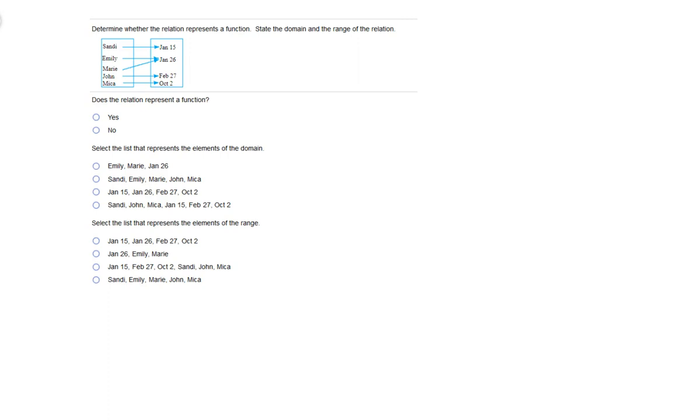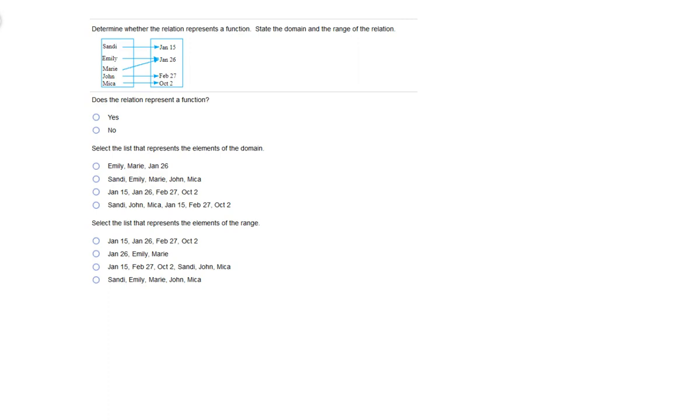A function is a relation in which every first coordinate corresponds to exactly one second coordinate. So when we say corresponds, these arrows represent the correspondence between the two sets. So Sandy corresponds with January 15th, Emily corresponds with January 26th, Marie corresponds with January 26th, John corresponds with February 27th, and Micah with October 2nd.